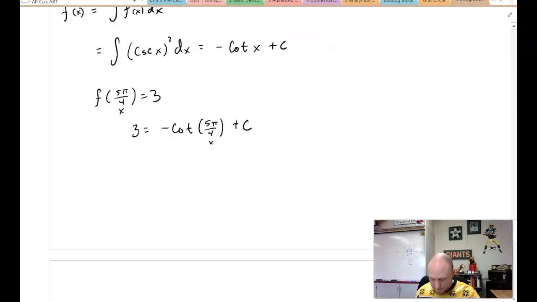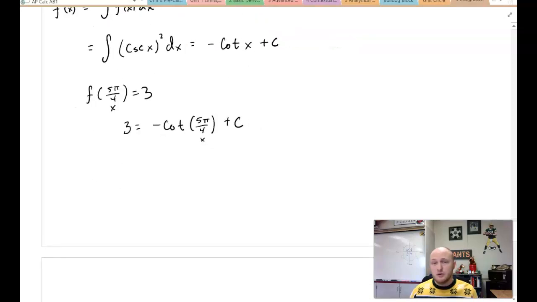So there it is. Now all I have to do is calculate what is negative cotangent of 5 pi over 4. Cotangent of 5 pi over 4, I don't know what that is, but I do know tangent at 5 pi over 4. So I'll rewrite this using the quotient identity.